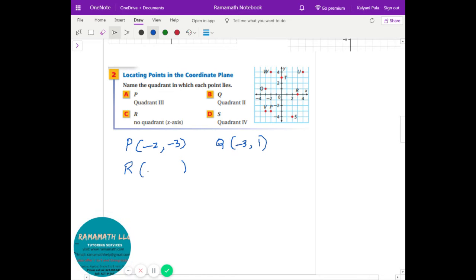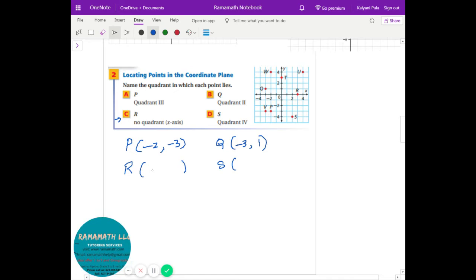That's right. All right, tell me the coordinates for R. I mean, the quadrant is not what I'm asking, it's the ordered pair. What is the ordered pair for R? What point is this right here?